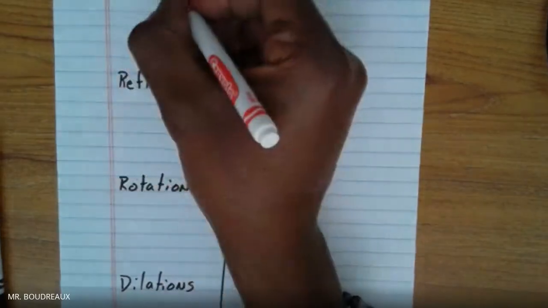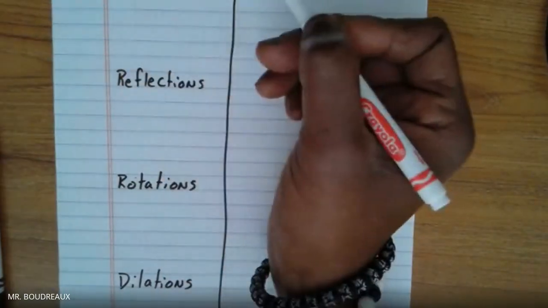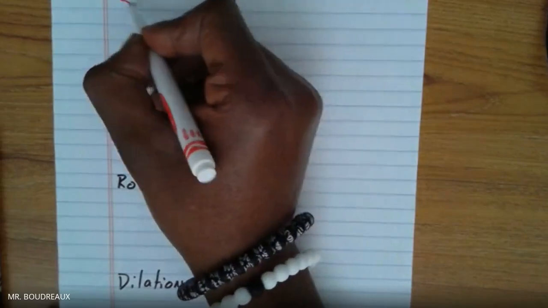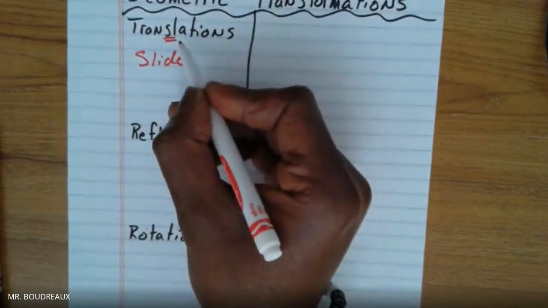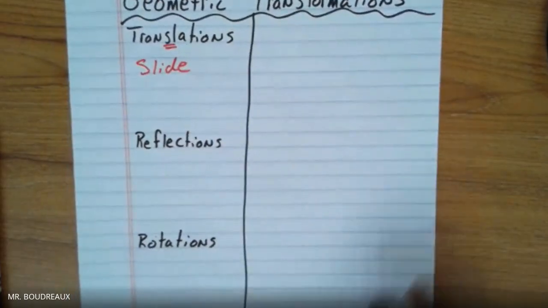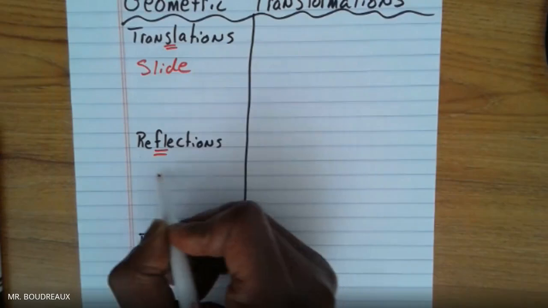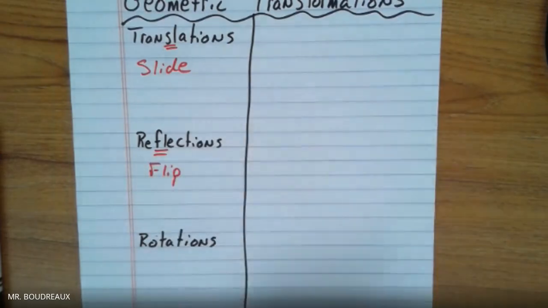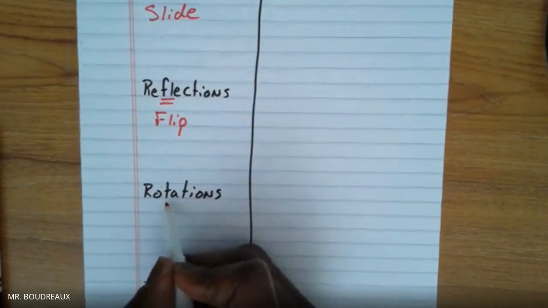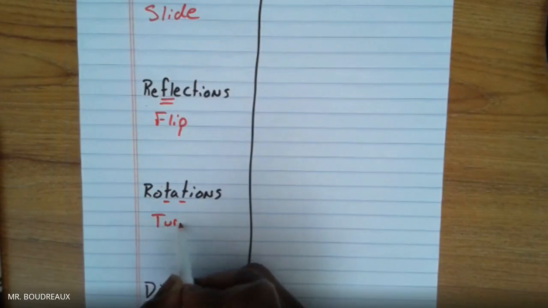So when you see translations, the easiest way to remember that, I know we don't use the word translate very often, but we do use slide. And if you notice, there's an SL in the word slide. For reflections, we don't use that word very often unless you're in the mirror, but in the mirror, all of your images flip over. Rotations, we have two T's. However, they don't start the word that you need: turn.